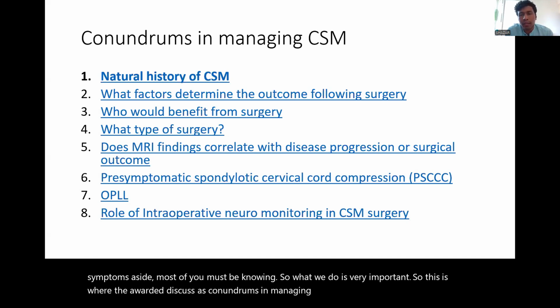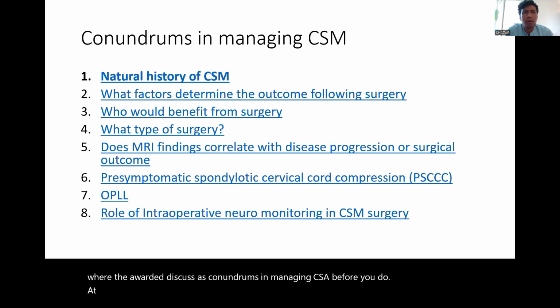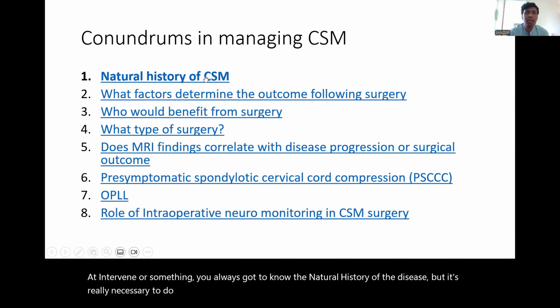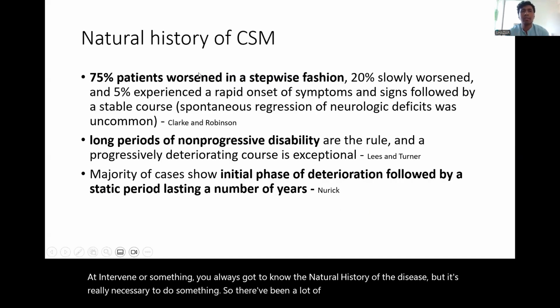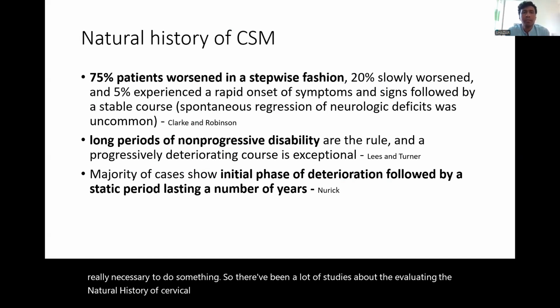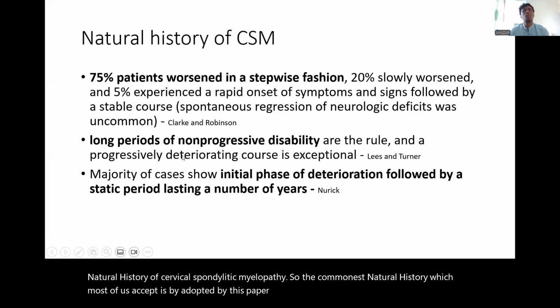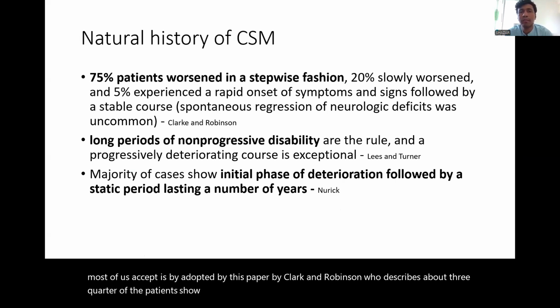Before you intervene on something, you always got to know the natural history of the disease, whether it's really necessary to do something. So there have been a lot of studies evaluating the natural history of cervical spondylotic myelopathy. The commonest natural history, which most of us accept, is described in this paper by Clarke and Robinson, who describe about three-quarters of the patients showing gradual worsening, which occurs in a stepwise fashion.